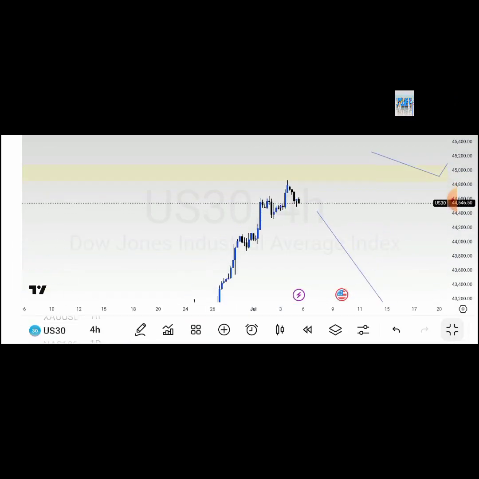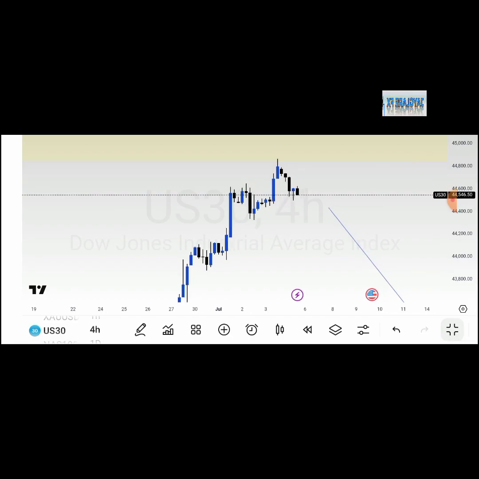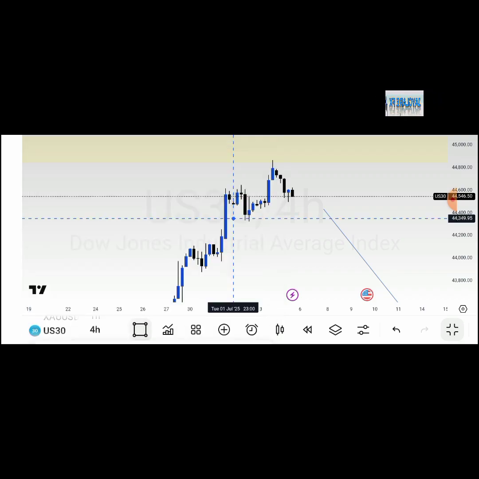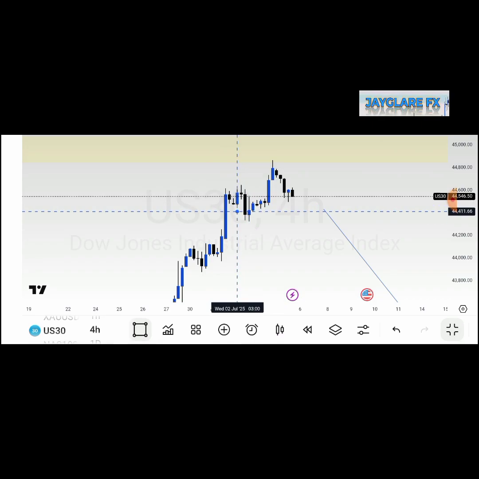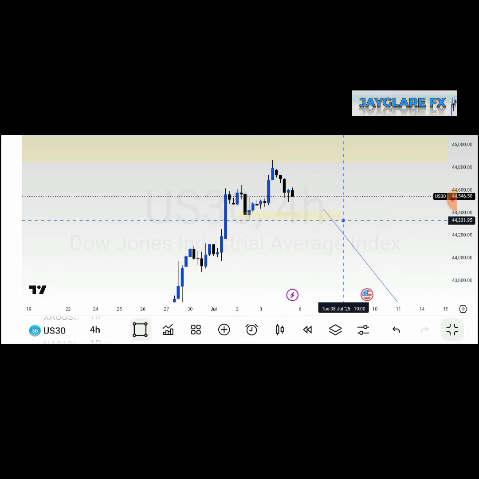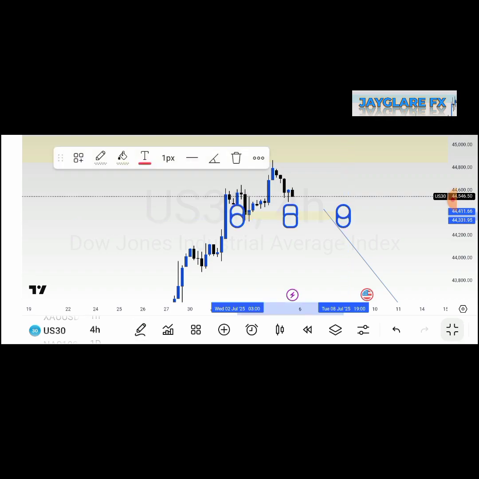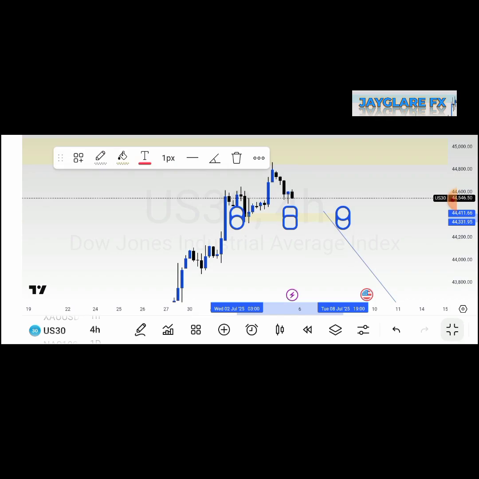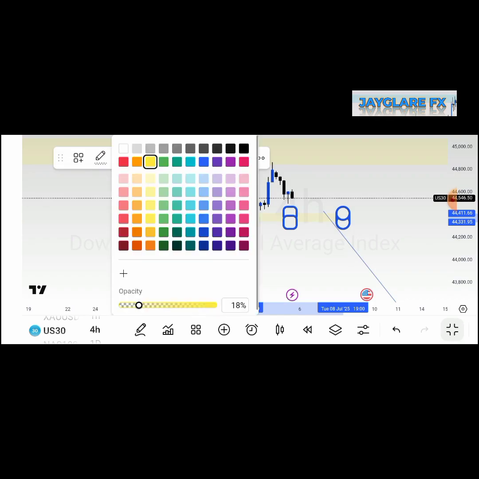So as you can see from this 4 hours time frame, this is a current support zone here. All right, and let's change the color.